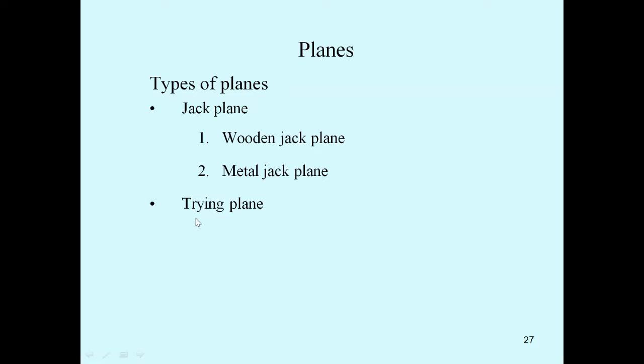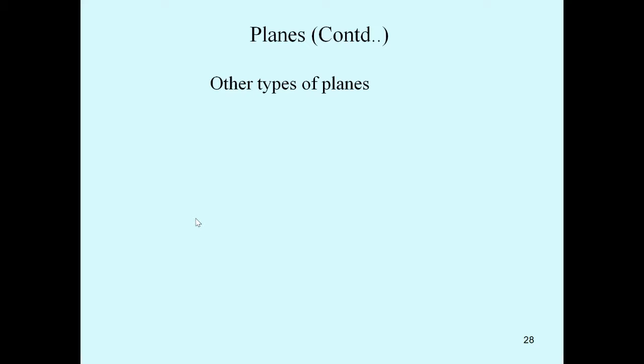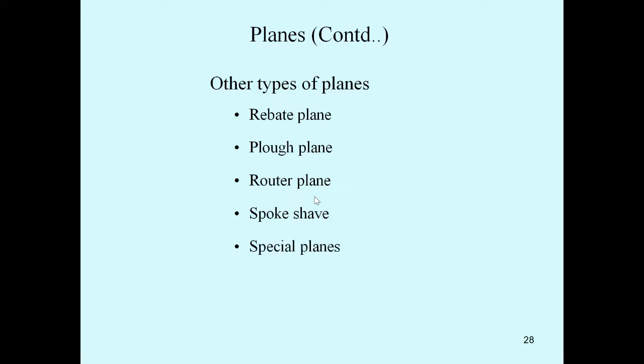Second one is the trying plane. Third, the smoothing plane. And other types of planes we can see are rebate plane, fluff plane, router plane, spoke shave, and special planes.